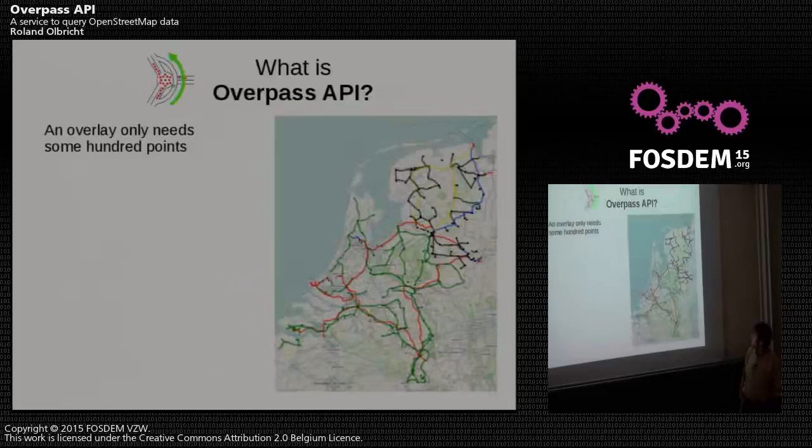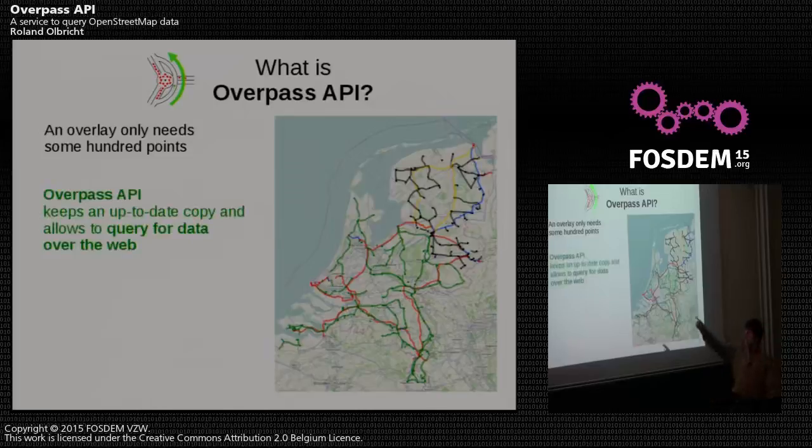So that's where the Overpass API comes in. An overlay only needs some 100 points, like the thing you see here. I've just made a map of all the power distribution lines in the Netherlands, and you only need a few hundred nodes to produce a proper map. You don't want to deal with all the 2.5 billion nodes in this case.